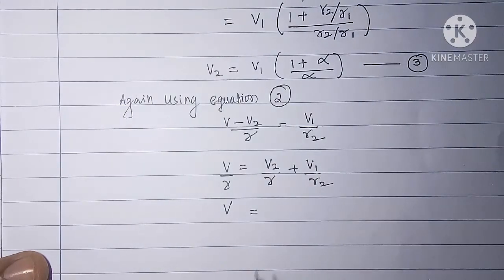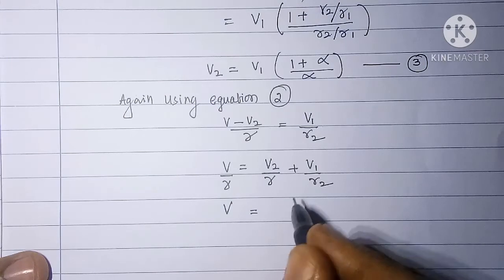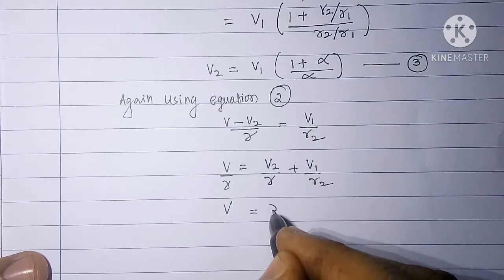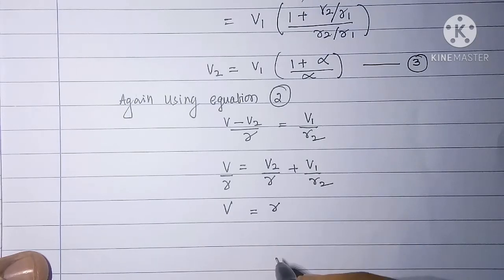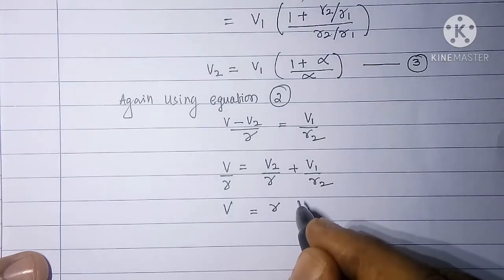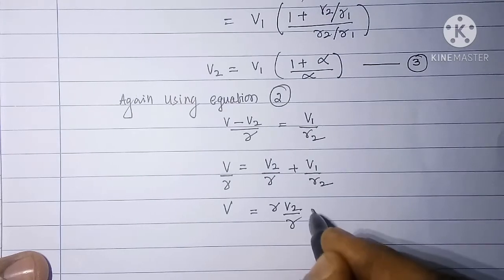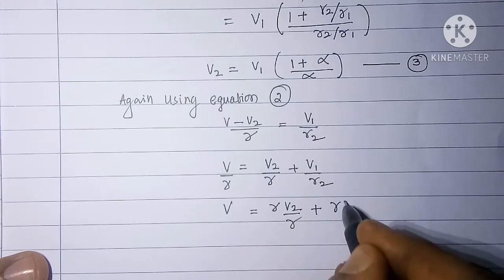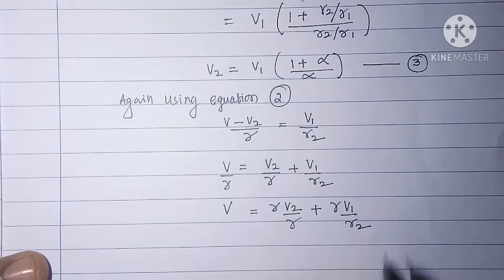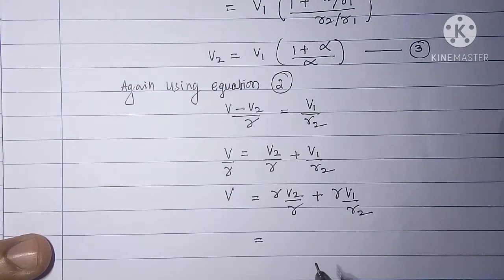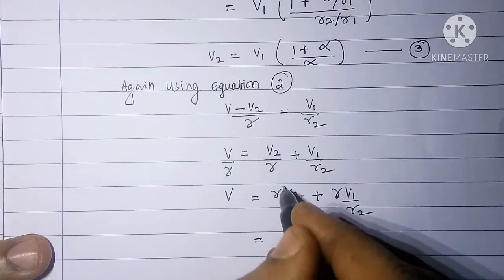So V is equal to R into V2 by R plus R into V1 by R2. That is, R and R will cancel here.